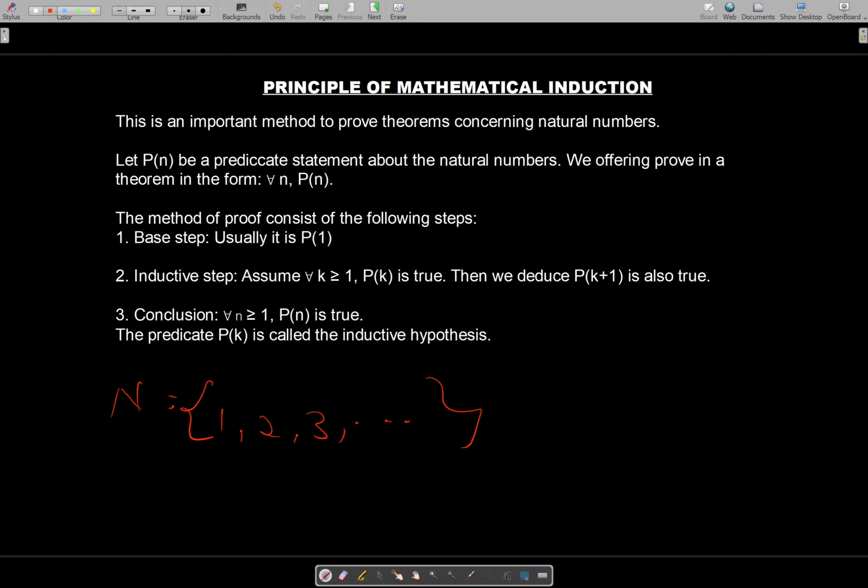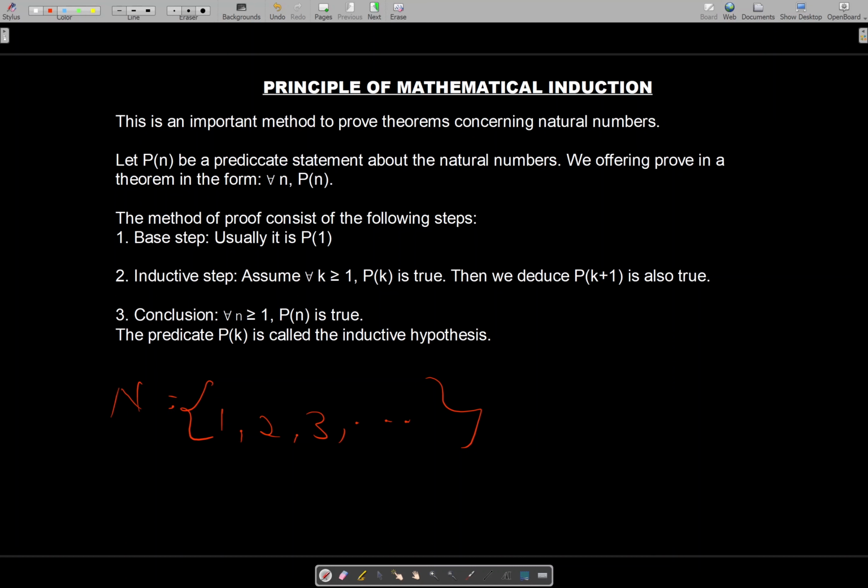A proposition indicates whether a statement is true or false, and a predicate is mainly made up of variables. Most mathematical rules or statements are predicates. The outcome of these statements depends on the values of the variables.